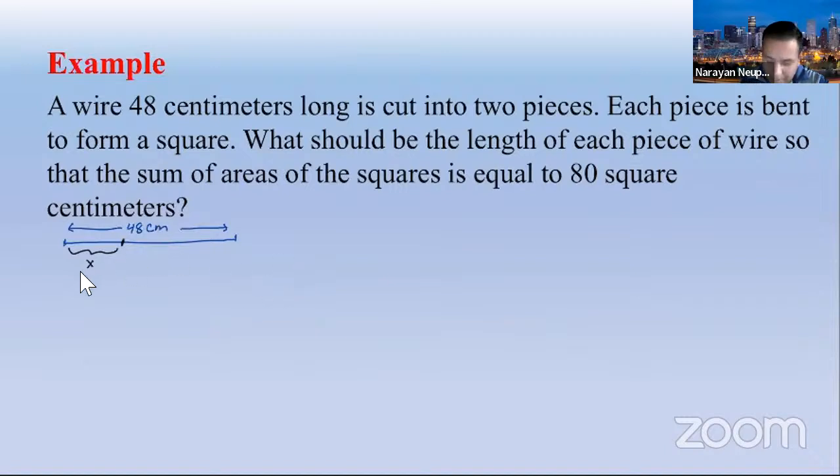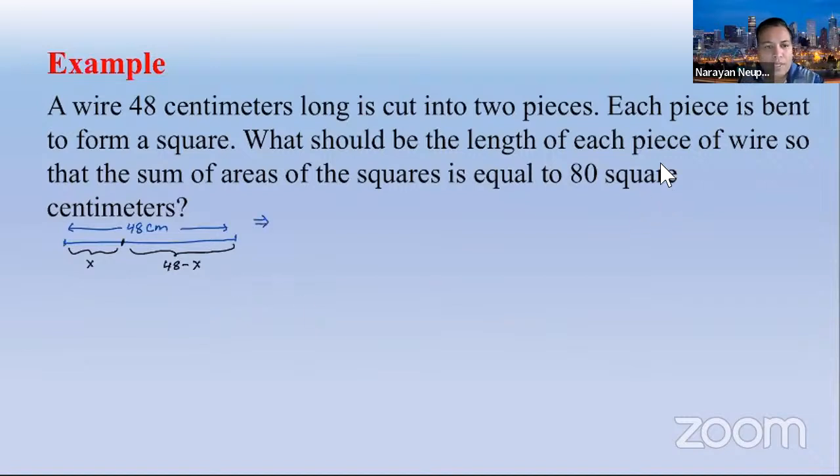If the first part is X, the second part will be 48 minus X. So for example, if the total is 48 and if the first part is 8 centimeter, the second part will be 48 minus 8, which will be 40, right? We can subtract to get the second part. That is the meaning.